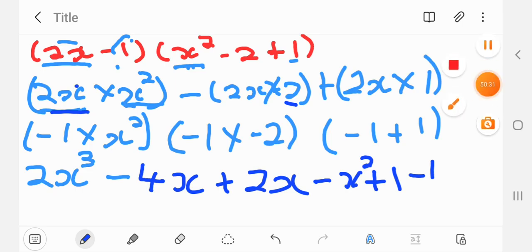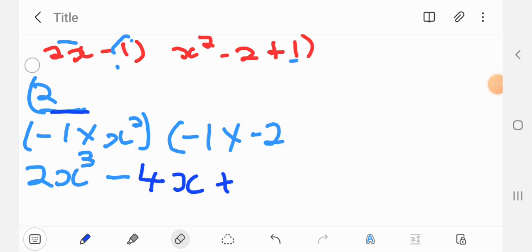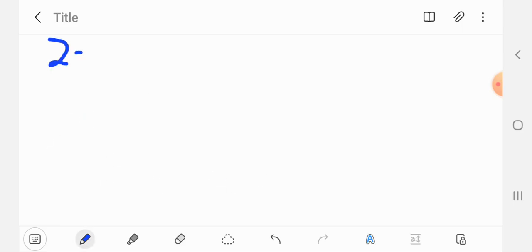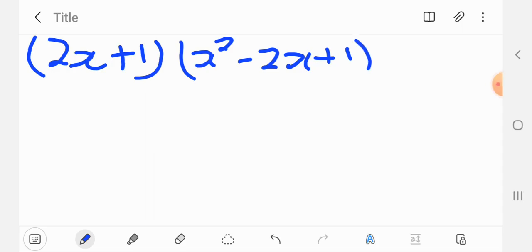I made a mistake on the question here. Sorry about that, guys. This is 2x plus 1, right? So we have x squared minus 2x plus 1. I had only written 2 there. So 2x times 2x squared. Then the 2 times the 1, that will be 2.